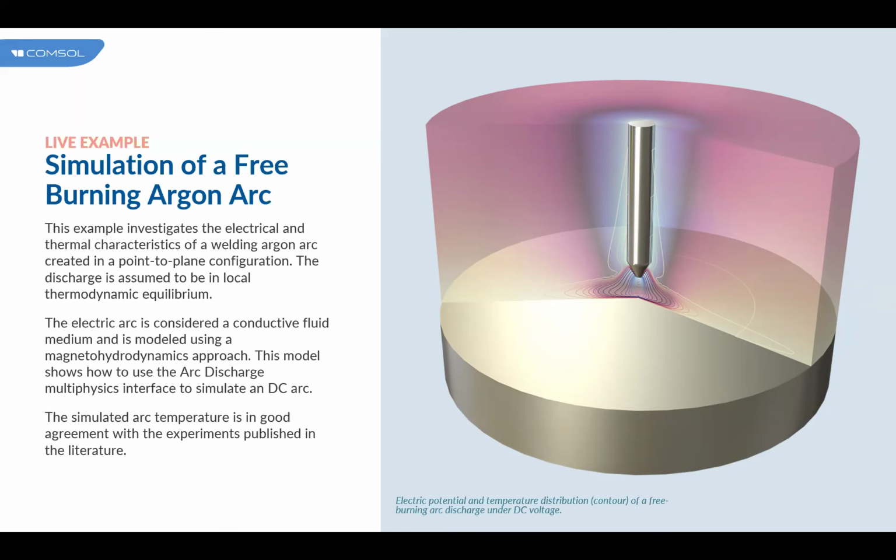Under these conditions, the plasma can be considered as a conductive fluid mixture and therefore be modeled using the magnetohydrodynamics equations. And the model that I would like to show you demonstrates how to use the arc discharge interface to simulate the discharge generated in a DC arc.